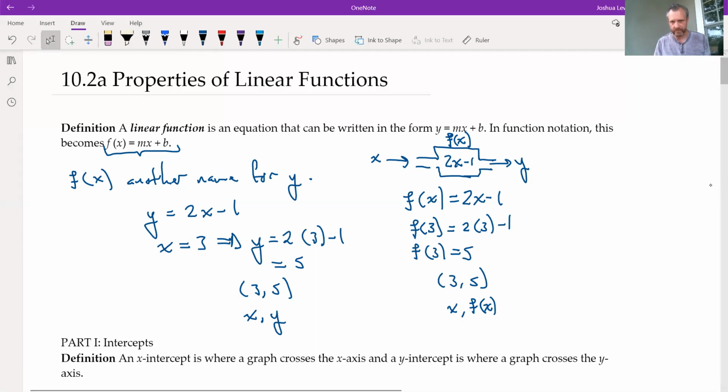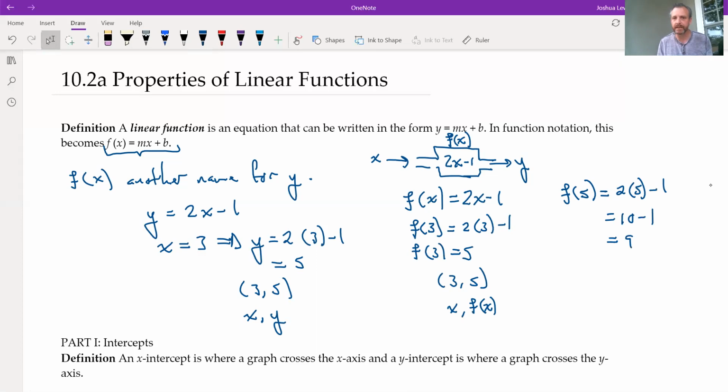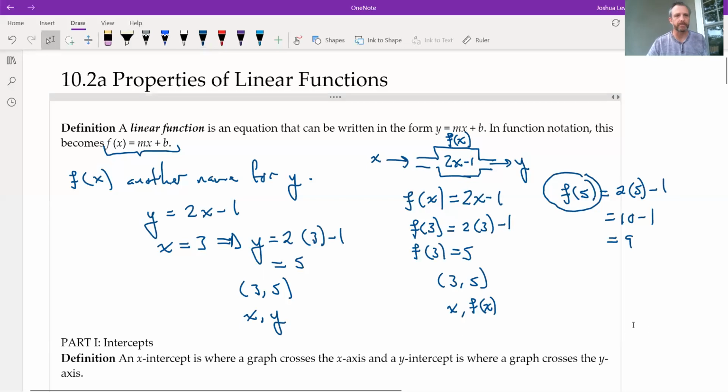Just while we're at it, what if I wanted to find f of 5? Well, that would mean plug in 5 for x. And you would get 2 times 5 is 10, minus 1 is 9. So this notation is essentially telling you what you're plugging in for x to get f.